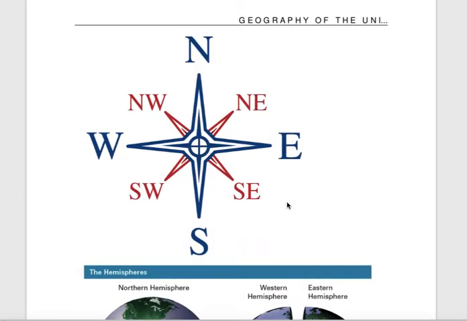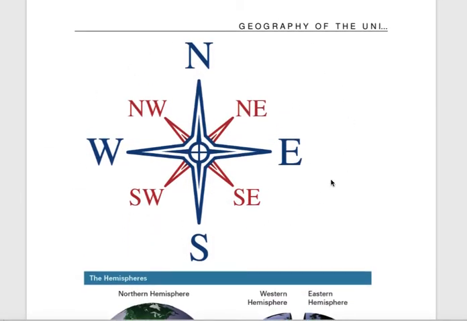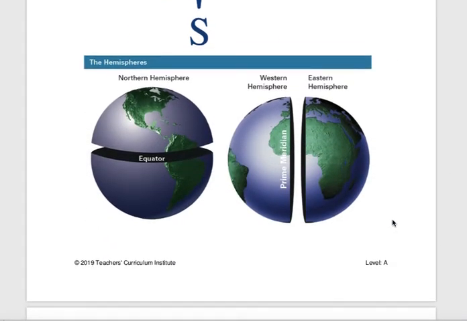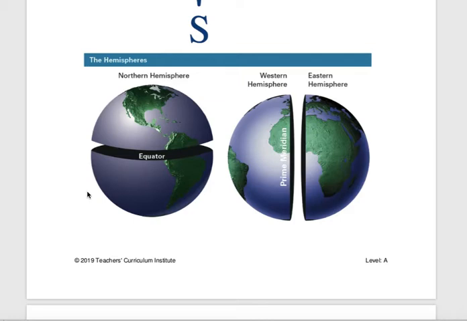All right, so we're moving on to this page. This is a picture of a compass rose, which you normally see on a map or a globe. You've got north, west, east, and south, and then you have northwest, northeast, southeast, and southwest. These are called intermediate directions, and these are called cardinal directions, and we will learn more about that later. All right, so now we have the hemispheres.